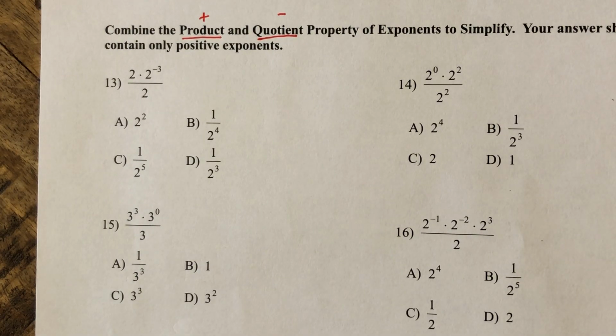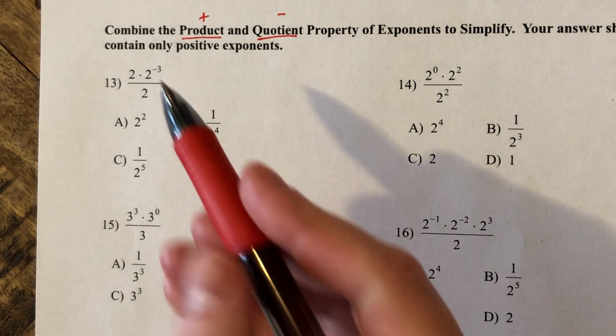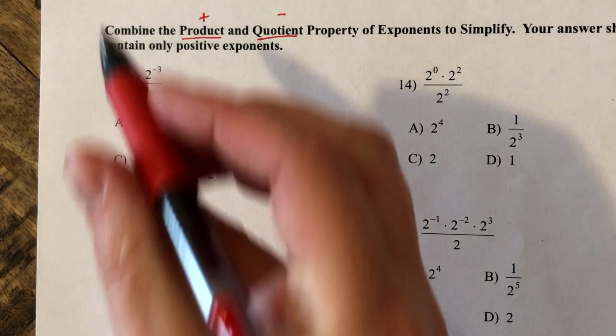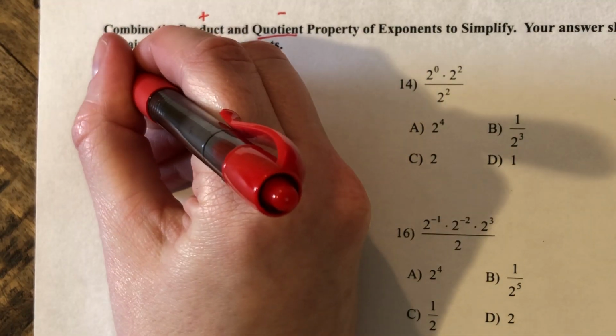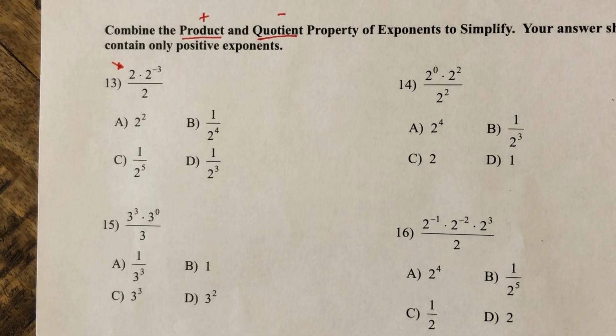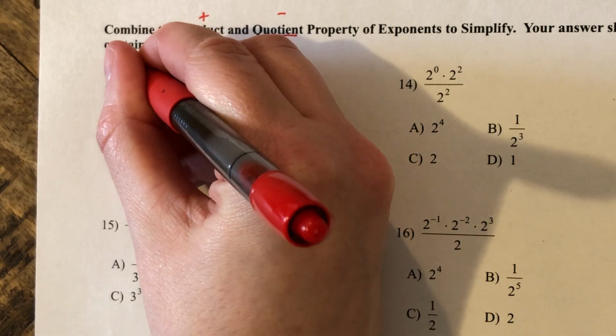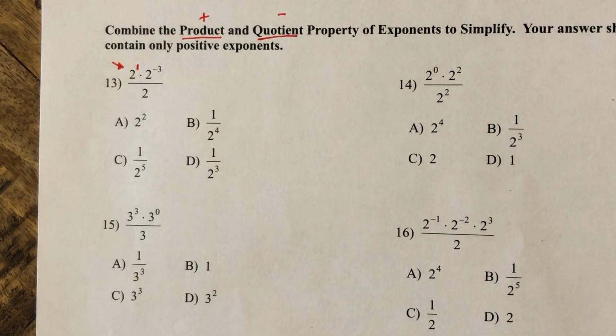So if I take a look at number 13, number 13 says 2 times 2 to the negative 3rd power all over 2. My first step is to work on top of the fraction bar. I'm going to work right here first. I have 2 times 2 to the negative third. When you don't have an exponent, there is technically a little hidden 1 right there.